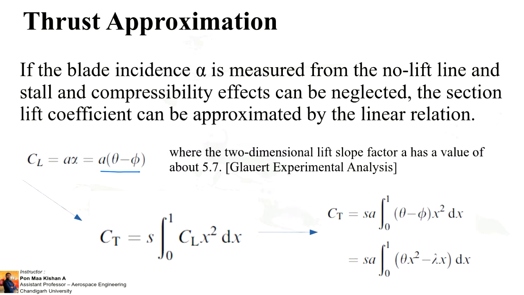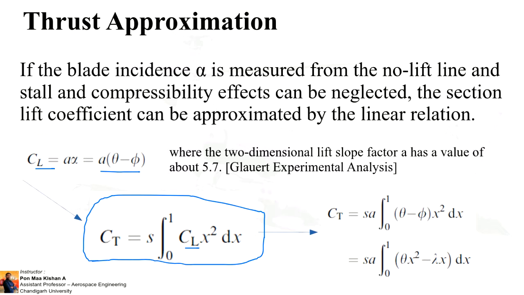This is the last coefficient of thrust equation which we received from blade element theory. Instead of substituting CL, we are replacing CL as A multiplied by theta minus phi, since CL is directly proportional to alpha.